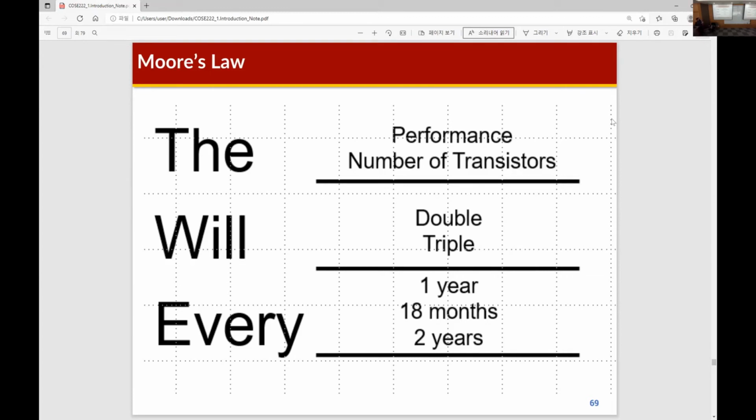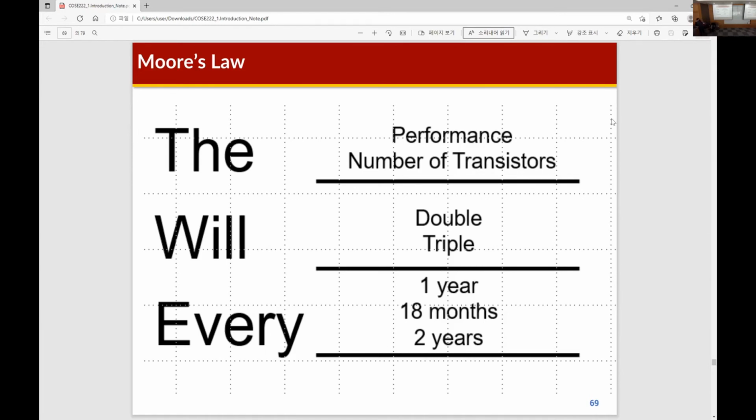The performance or the number of transistors of a CPU, which one is right? This is the in-person class, but it's the same as the online class. No one answers. Which one is right?